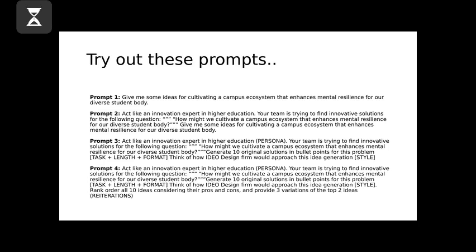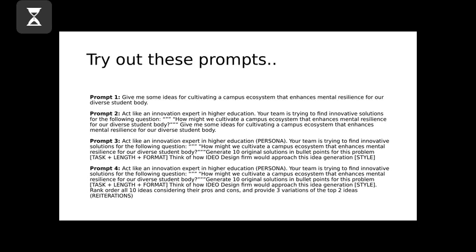So you see here, I incorporate task, length, and format. In addition to that, I want it to generate ideas in the style of an idea design firm. If you do this, you will see how the results differ from a prompt that would not include this type of style. So you can try this too.